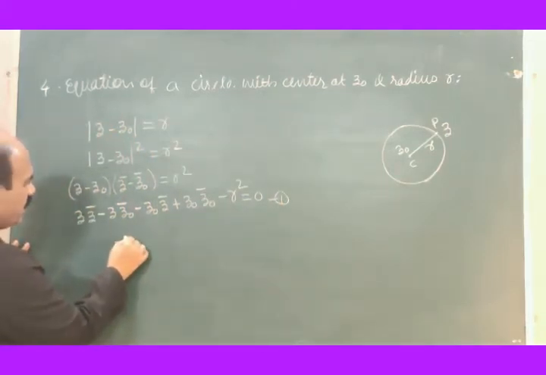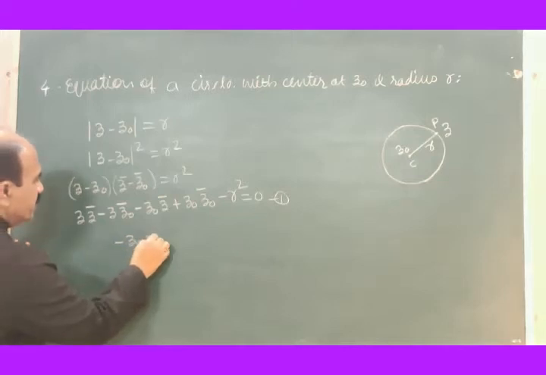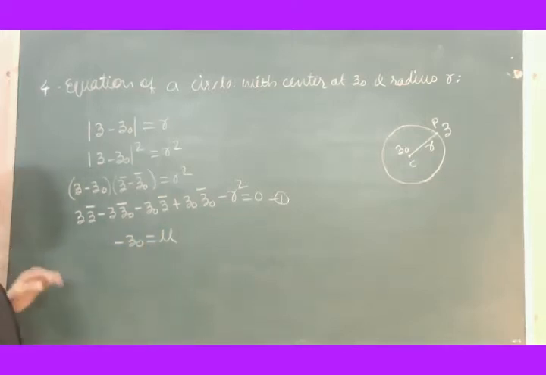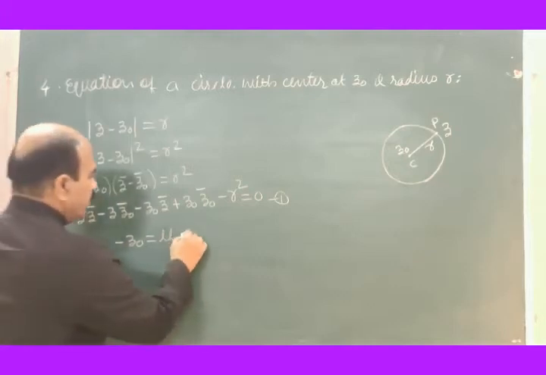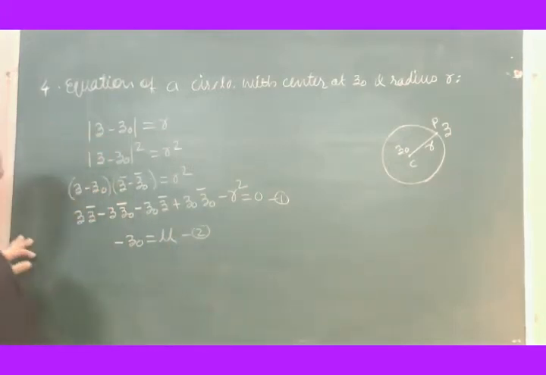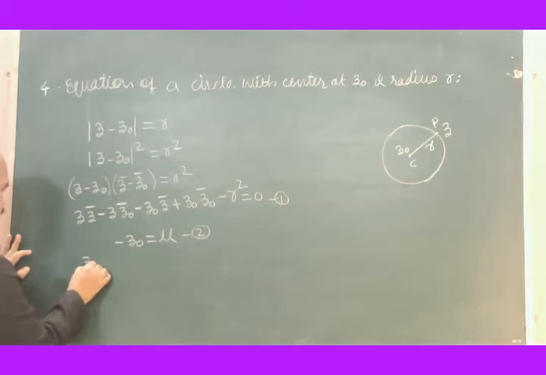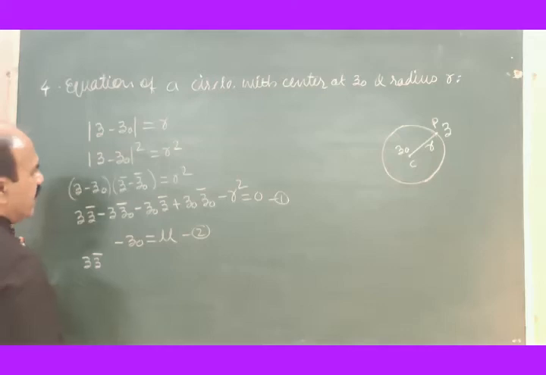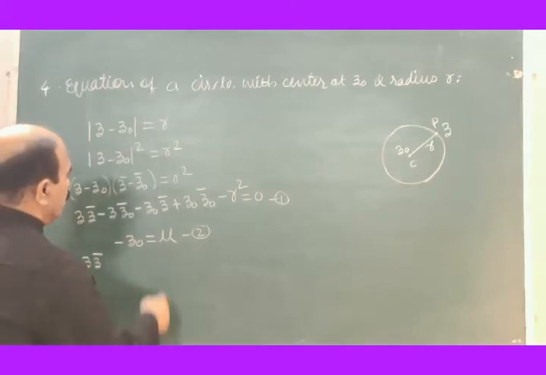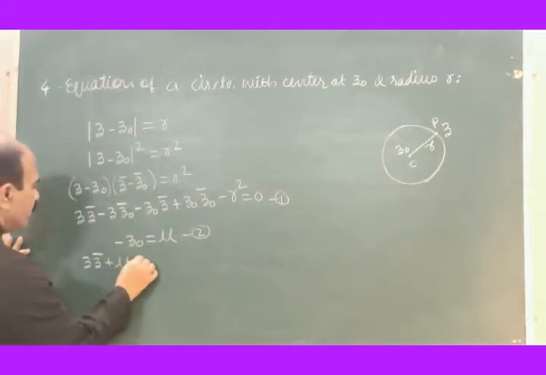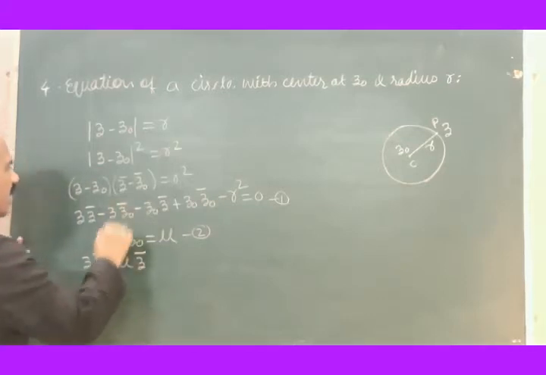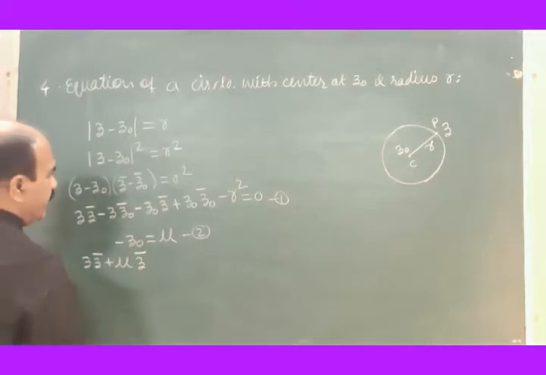Let us assume that minus Z0 is equal to mu, equation number 2. It will be written as Z Z bar plus mu Z bar. Okay. This one.